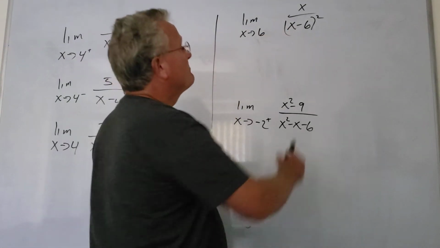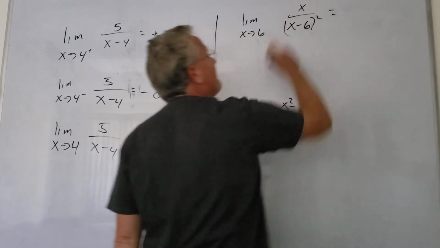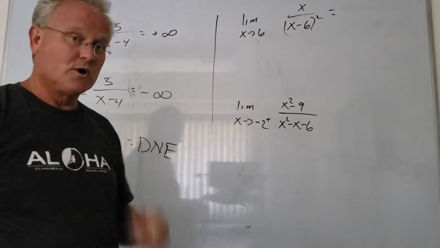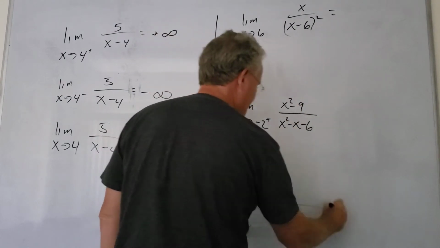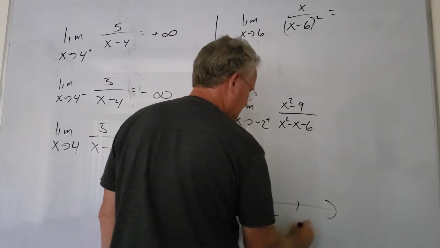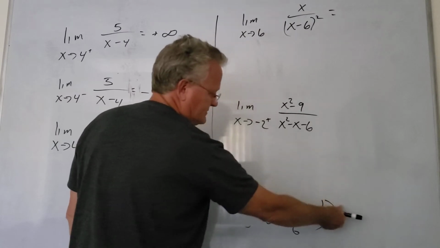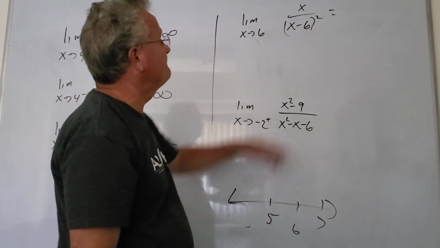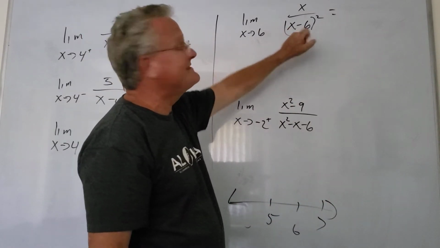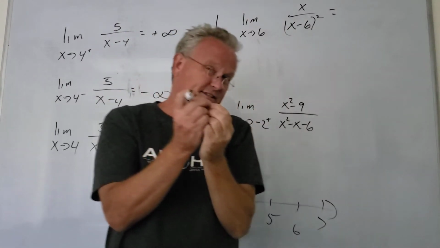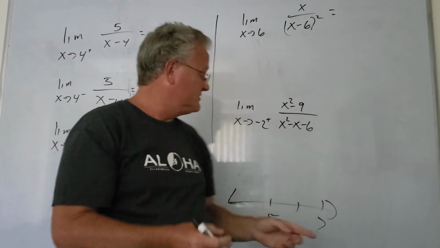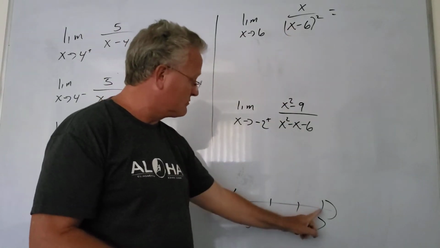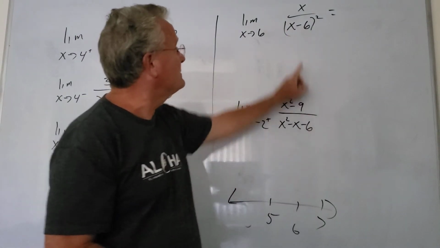Okay, now what about this problem? What's the limit as we approach 6 of x over x minus 6 squared? Well, when we approach from the right, 5, 6, 7, we're always a little bit bigger than 6. When we subtract, x minus 6 is going to 0, and it's going to be positive because we're always a little bit bigger than 6.